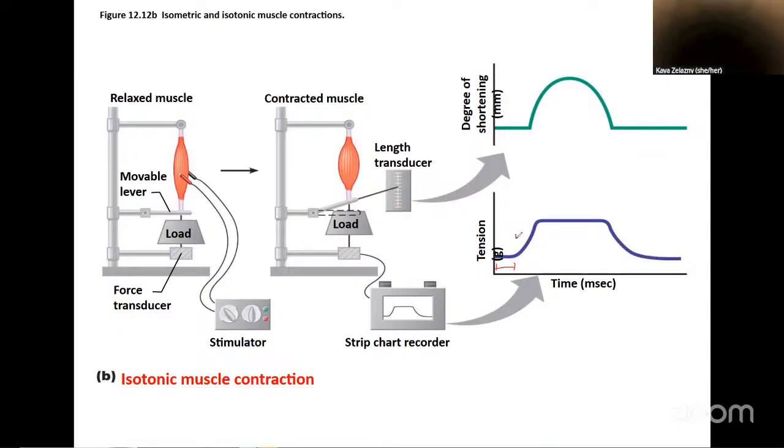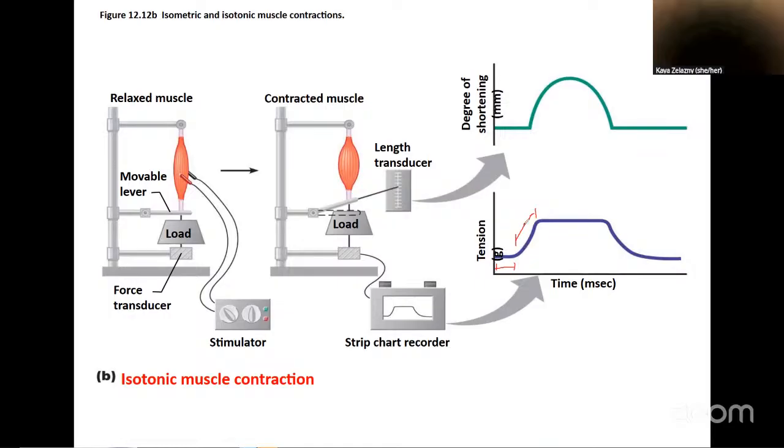We still have a phase where we're contracting and the tension is building, but then we have this plateau in the middle here, right? So this is the part that makes it actually isotonic, because what's happening there is that instead of building tension more and more and more, you don't need to exert more and more force once you've met the amount you need to actually move a load.